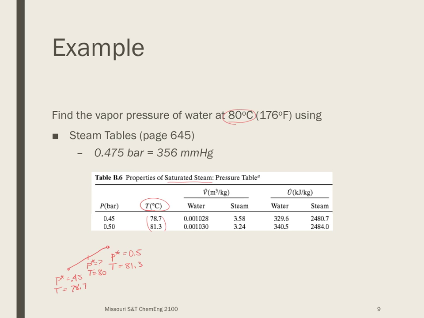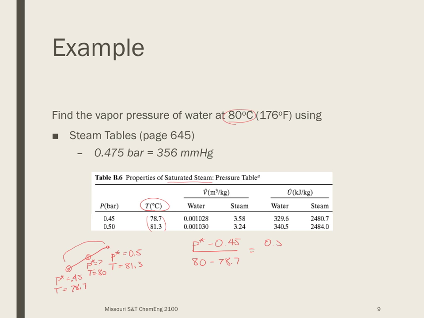So I can use differences, so rise over run, and if I think of P along this axis, the point from here to here, P star minus 0.45 over 80 minus 78.7 should equal the slope going from this point to this point.